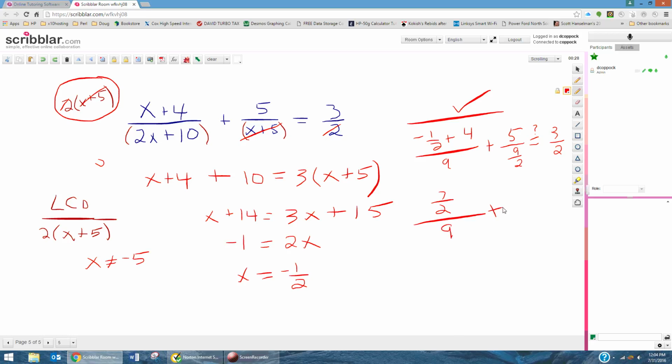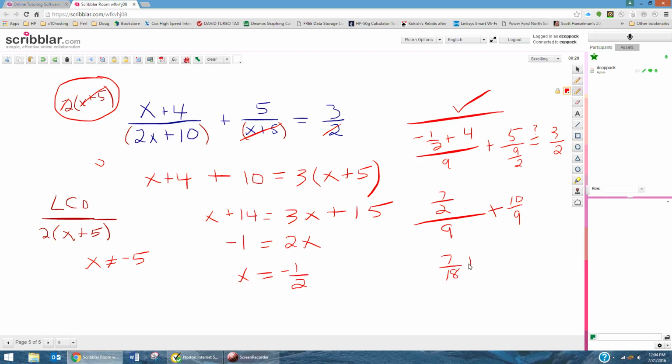plus, I could multiply the numerator by the reciprocal of the denominator. 5 times 2/9 is 10/9. And this is 7/18.